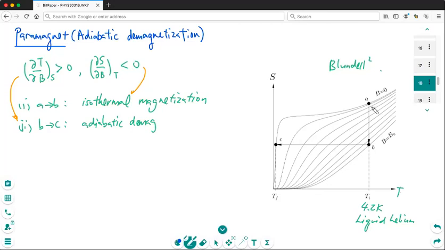Put it another way, if you have the third law of thermodynamics, it guarantees you that all these curves must meet at the origin. 0, 0. So it's 0, 0 on the S-T plane. Otherwise, you face some very strange results. So just very briefly, third law.